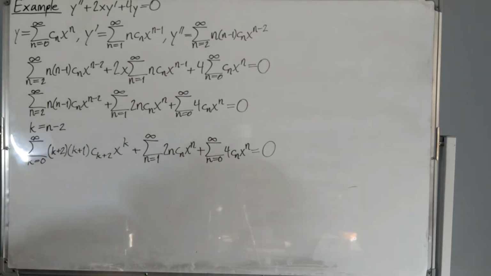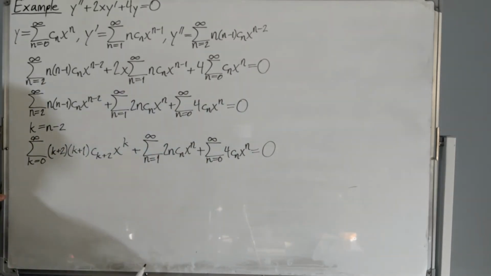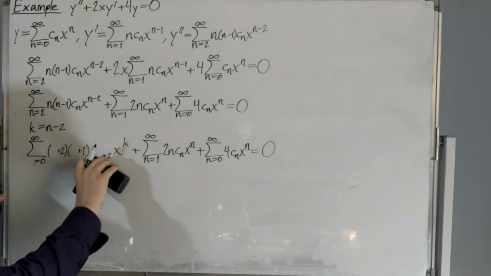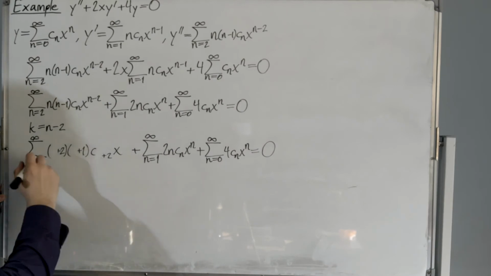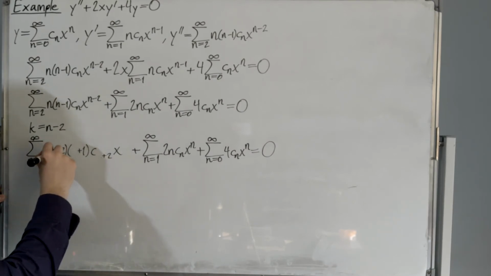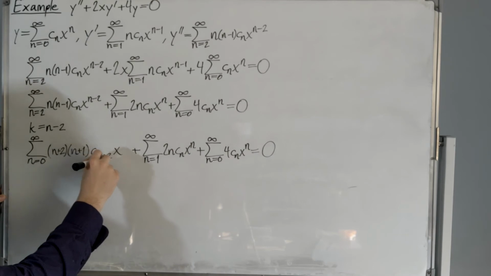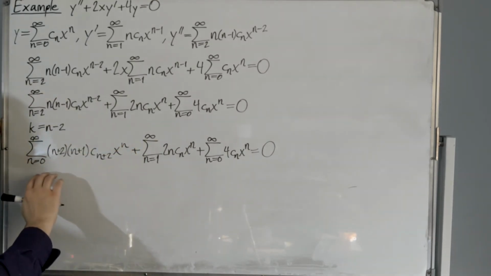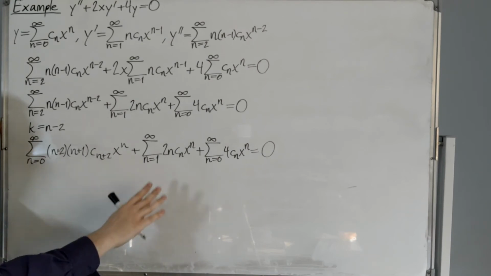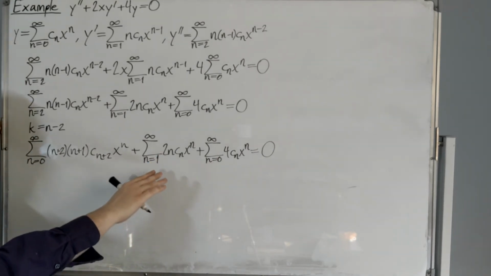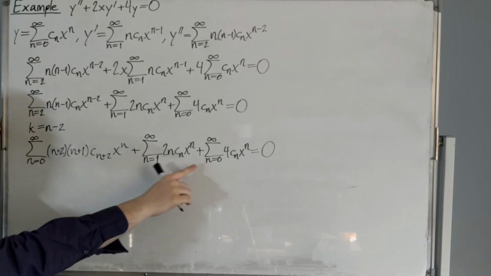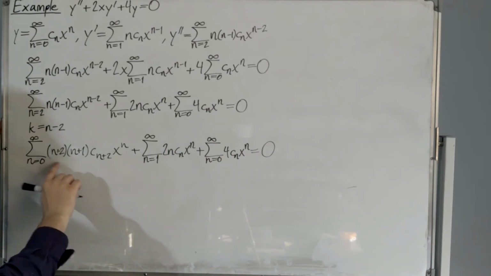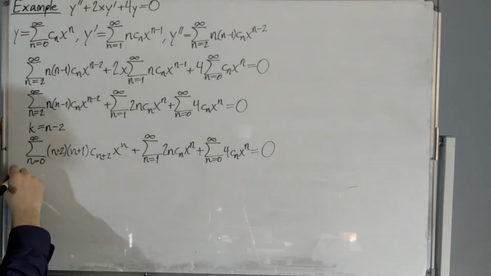So now, again, let's replace all these k's with n's because it makes no difference whatsoever what we call the index. So now we can combine some like terms, but we have to note that these have different starting positions for the index. So we'll take out the n equals 0 terms first.